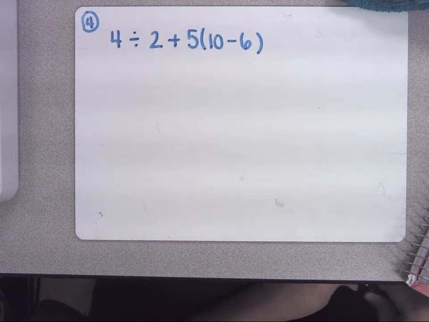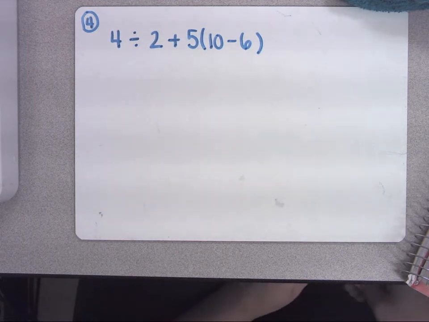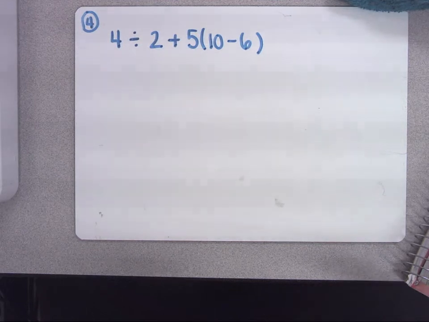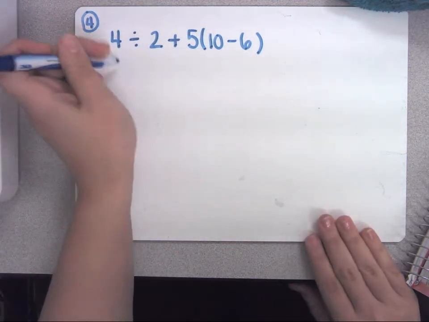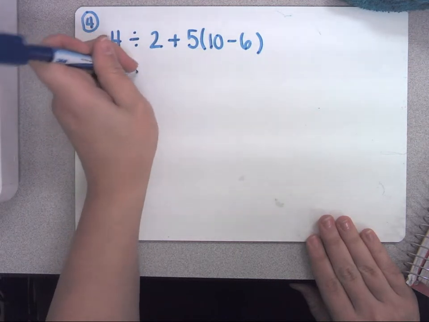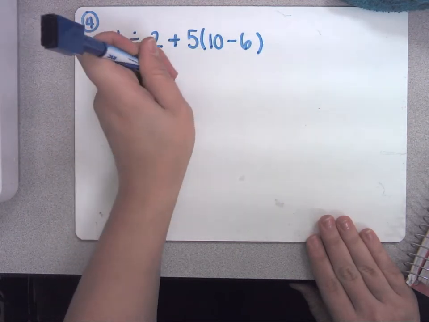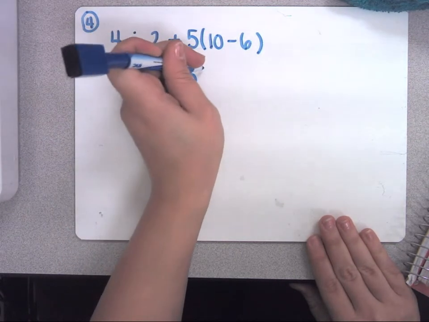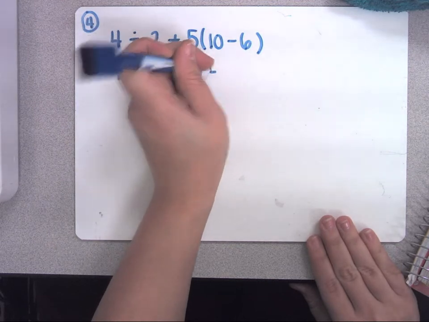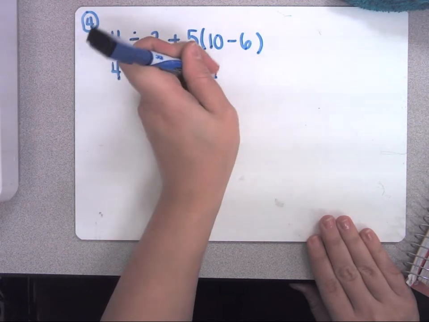What are you going to do first? Parentheses, only the inside. So what is 10 minus 6? 4. Bring down everything else. What is that 5 doing? It's multiplying. So technically, I almost wrote 5 again.